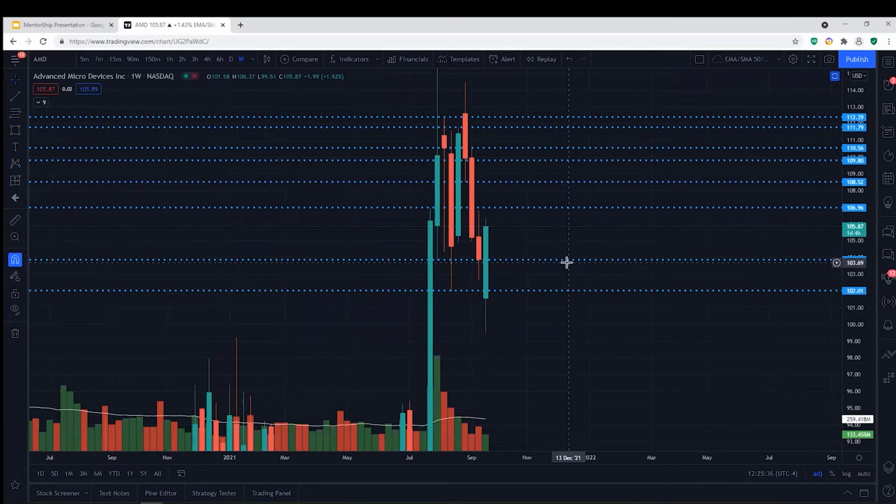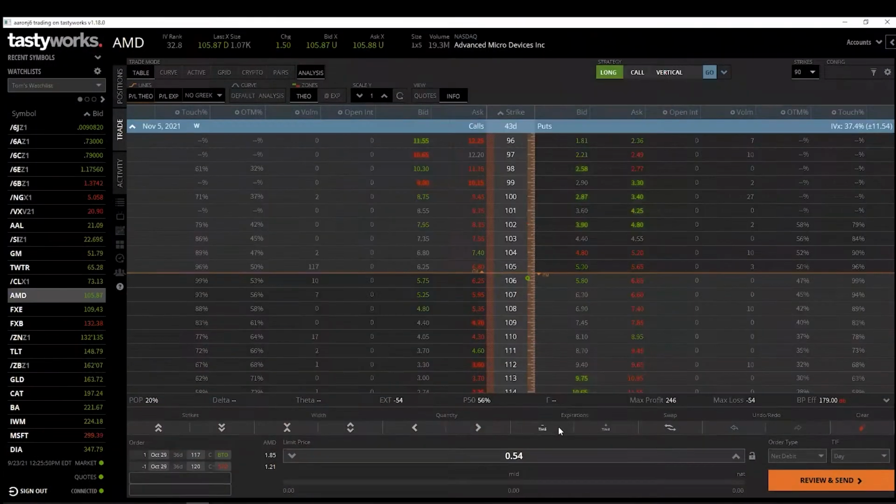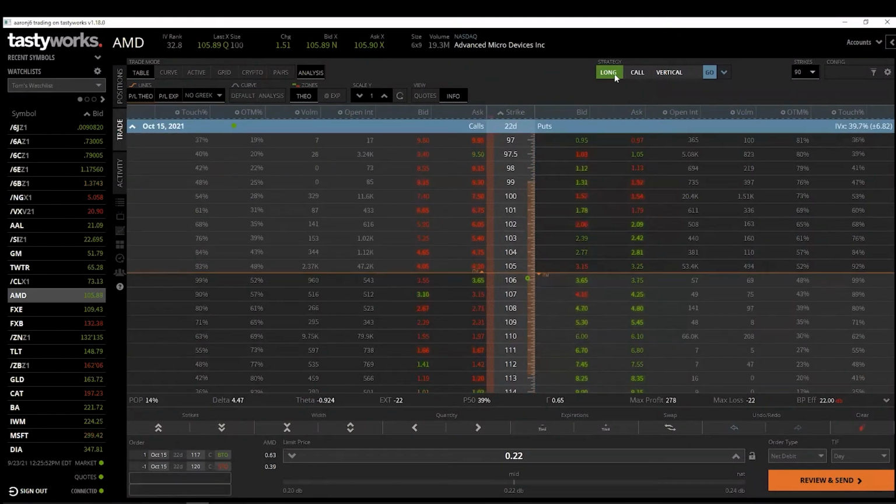So we'll structure it this way: instead of being call biased, we're going to be bearish biased. So we think 107 is going to reject. Now here is where we're going to structure it: at 104 and 102. So let me see how that would look. Instead of a call, we will be doing a put. So it's a long put vertical, what is known as a put debit spread.